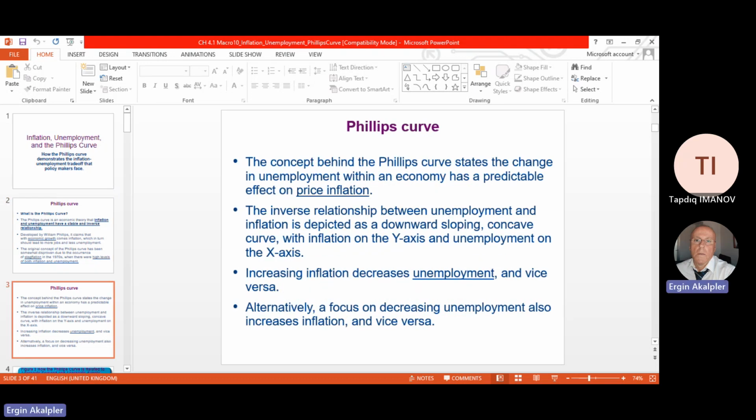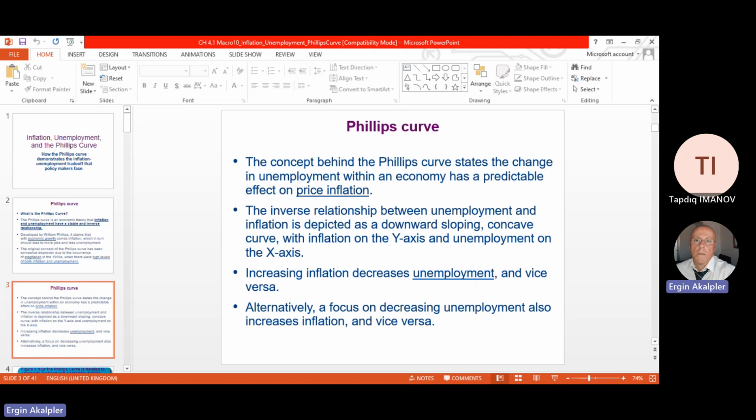The concept behind the Phillips curve states that a change in unemployment within an economy has a predictable effect on price inflation. The inverse relationship between unemployment and inflation is depicted as a downward sloping concave curve with inflation on the y-axis and unemployment on the x-axis. Increasing inflation decreases unemployment, it is supposed, and vice versa.